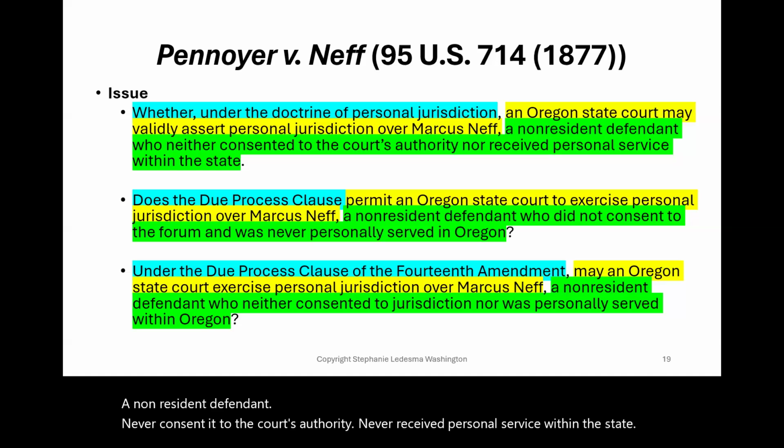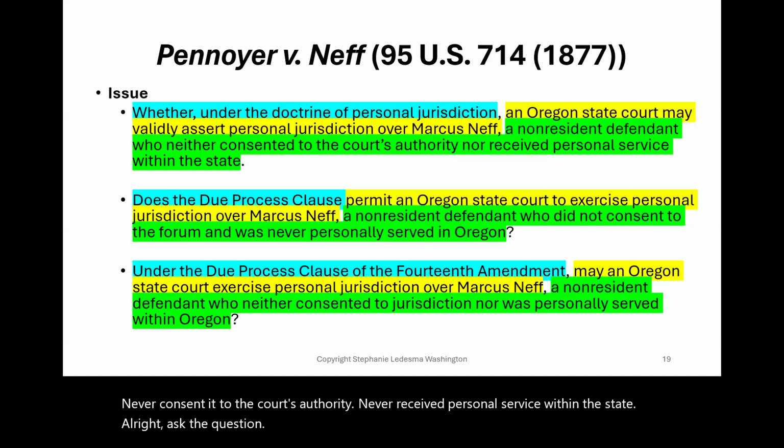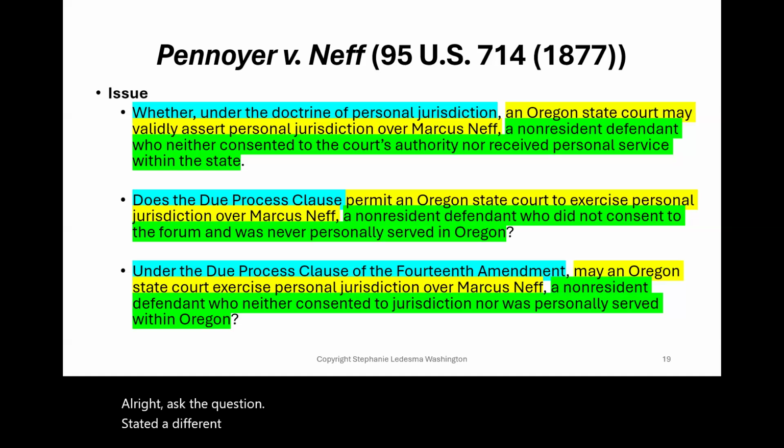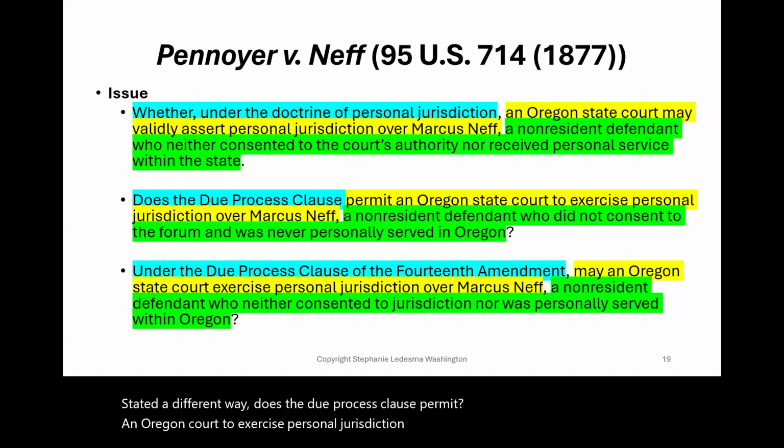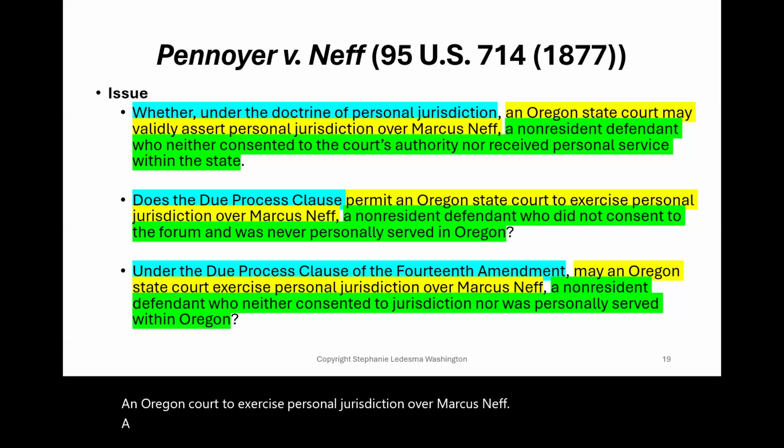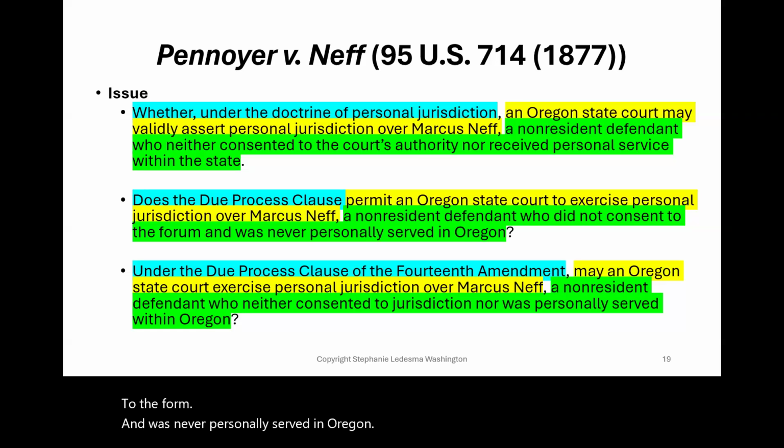That's the question. Stated a different way, does the due process clause permit an Oregon court to exercise personal jurisdiction over Marcus Neff, a non-resident defendant who did not consent to the forum and was never personally served in Oregon, right?